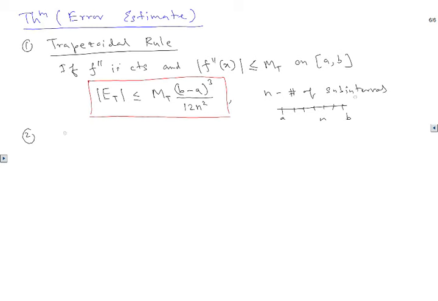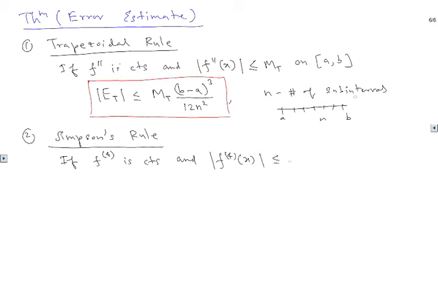So for the Simpson rule, if f to the fourth derivative, you need the fourth derivative to be continuous, and the fourth derivative of f is bounded by, now I'm going to call it Ms. So that's the upper bound of the fourth derivative on [a, b].